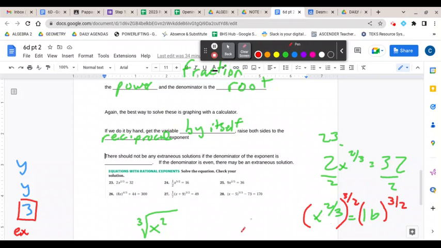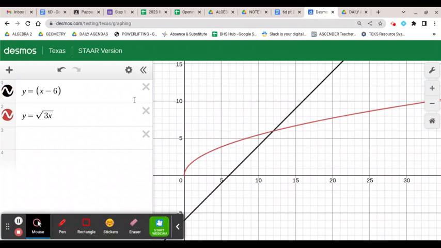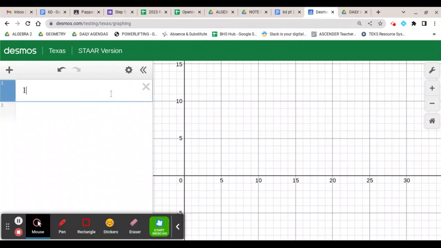So what we end up with is x is equal to 16 to the 3/2 power, and that we could just type into the calculator. So we'll go 16, raise it, put parentheses around 3/2 power, and we get 64.